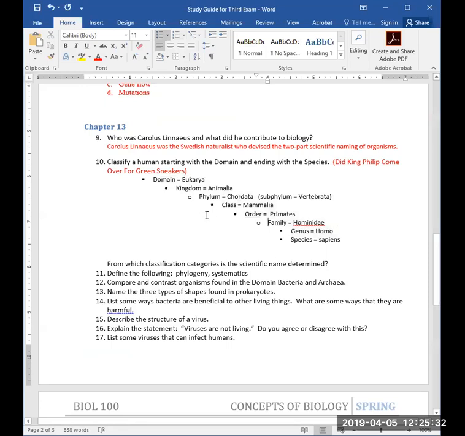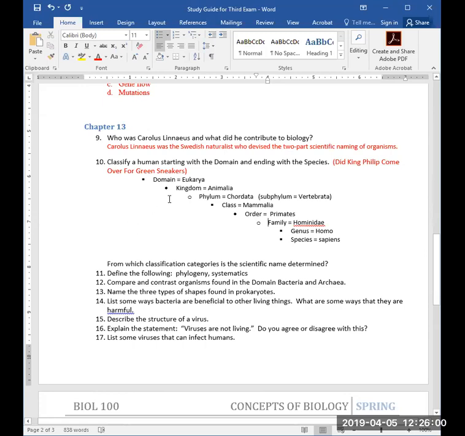All right, so we start with the largest group, which is domain. What you do is you take all living things and you put them in three groups because there are three domains. So how do we separate all living things into three groups? And this is the task of someone who does systematics.